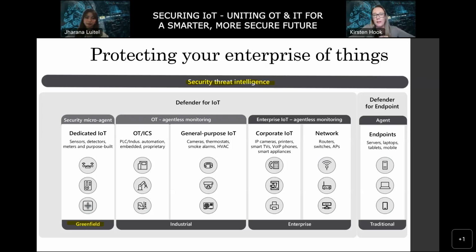Then we get into OT. I talked about that a little bit earlier. We have PLCs, we have relays, we have RTUs, we have industrial automation technologies, embedded proprietary protocols. This alone requires a different way of approaching security, which I talked about.